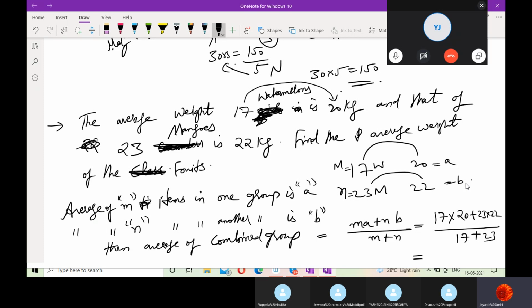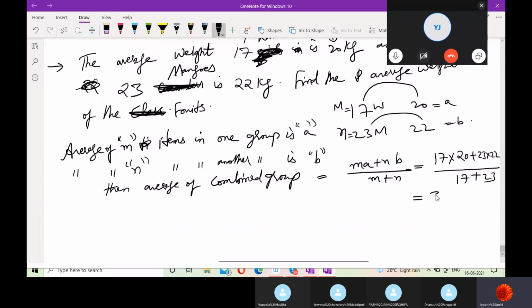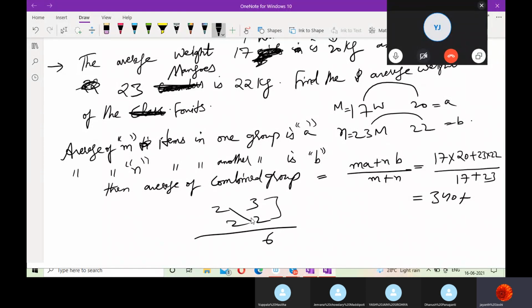Yes, what's the answer, fast? 17 2s are 34, so 340, plus 23 into 22. You can do the calculation in one step: 3 2s are 6, 2 2s are 4, 6 plus 4 is 10, 0, 1 carry, 2 2s are 4, 4 plus 1 is 5. And this is 7 plus 3, 10, 0, 1, 40.